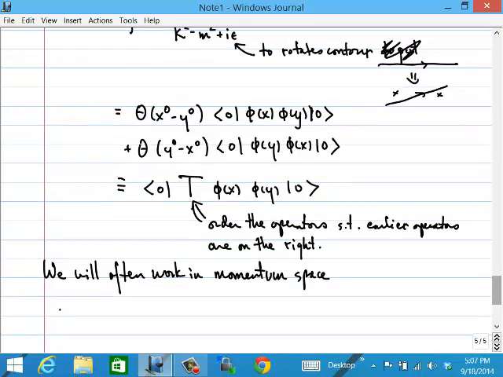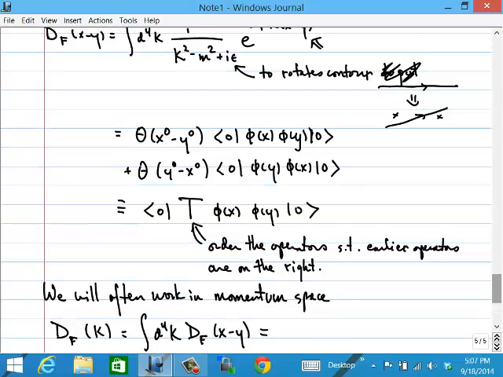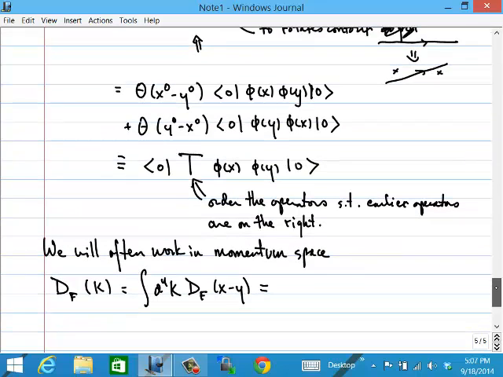So we will define, for example, the Feynman propagator with four-momentum k to be the integral d4x of the Feynman propagator in position space. And then you can see from this equation up here that that's just i over k squared minus m squared, with this little factor of i epsilon to remind us which contour to take if we do a k0 integral in the complex k0 plane.